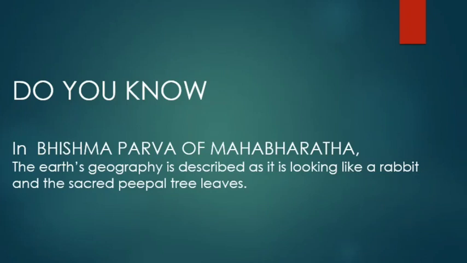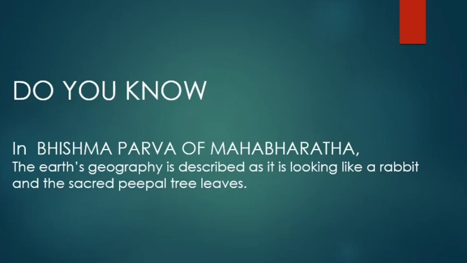Children, do you know who guessed the exact design of this world? Who created the first map of the earth? Yes, it is given in our Mahabharata. In Bhishma Parva of Mahabharata, the earth's geography is described as looking like a rabbit and sacred peepal tree leaves.